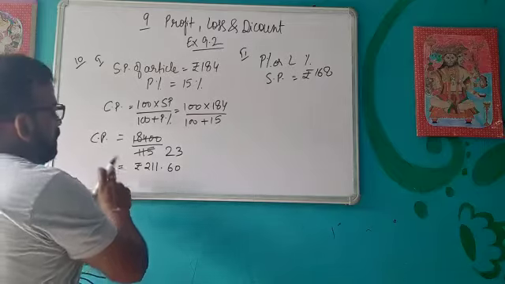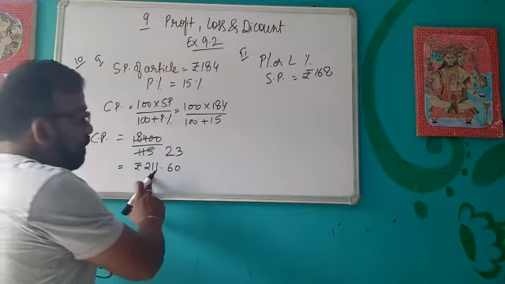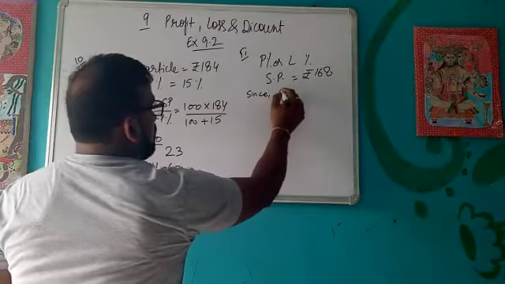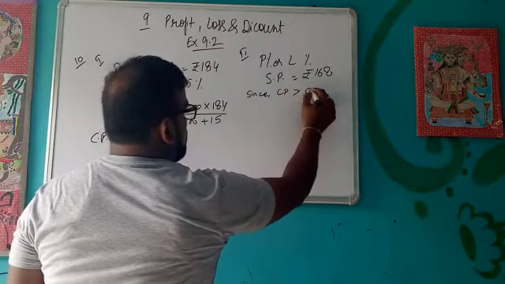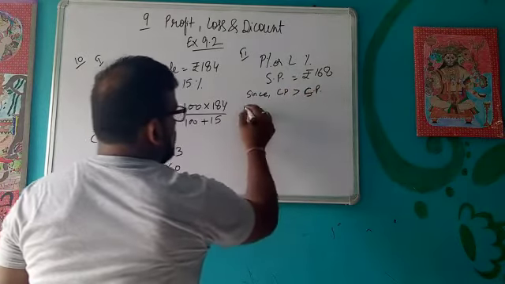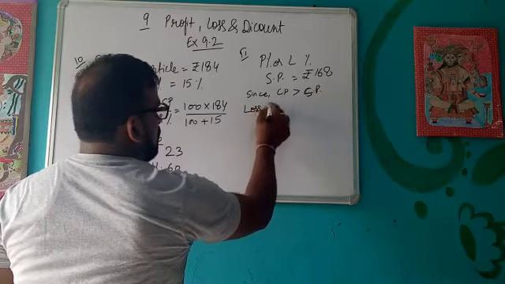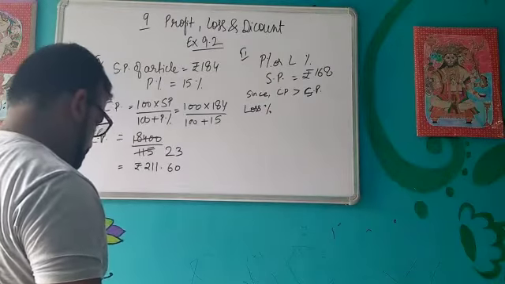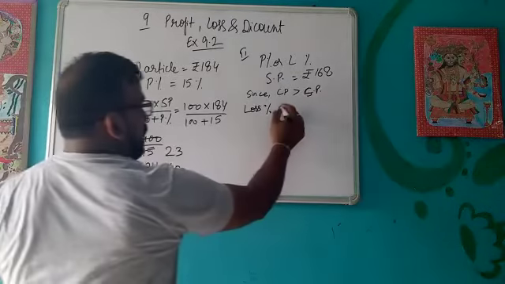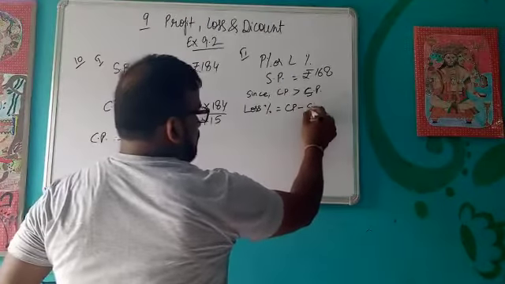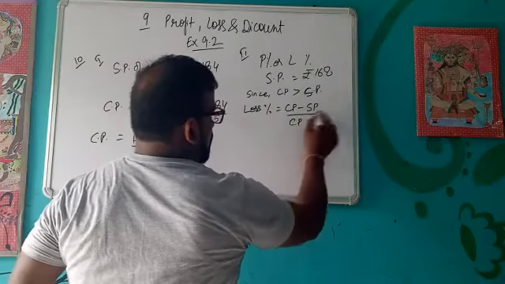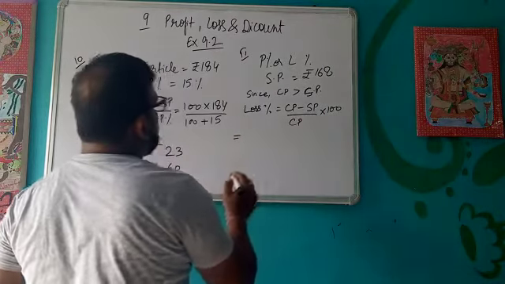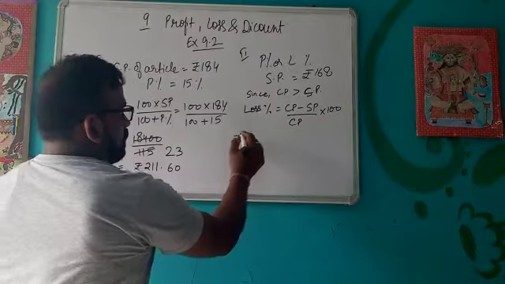Now you can see the cost price is 211.6 and the selling price is 168. Since CP is greater than SP, we have to calculate the loss percent. Cost price is more than the selling price. What is the loss percent formula? CP minus SP upon CP into 100.